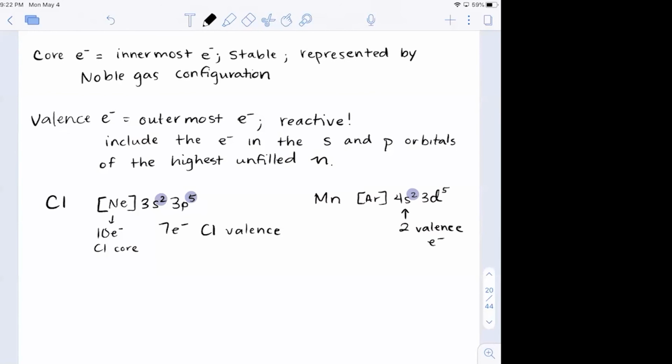Notice we don't count the d's. Argon is 18, so manganese has 18 core electrons. These are d orbitals. They don't count. They're not part of the noble gas core, so they're not core. And they're not part of the valence because valence is only s and p's. That's it.